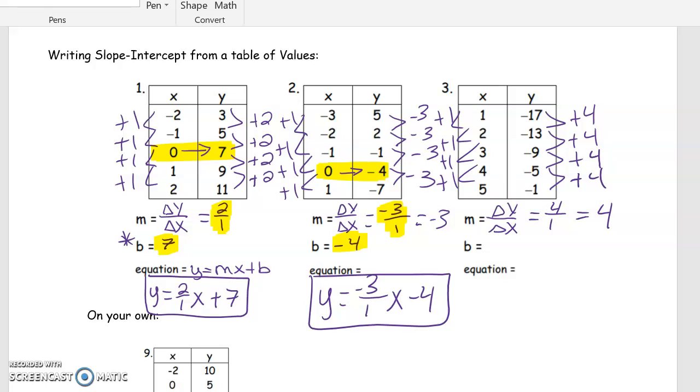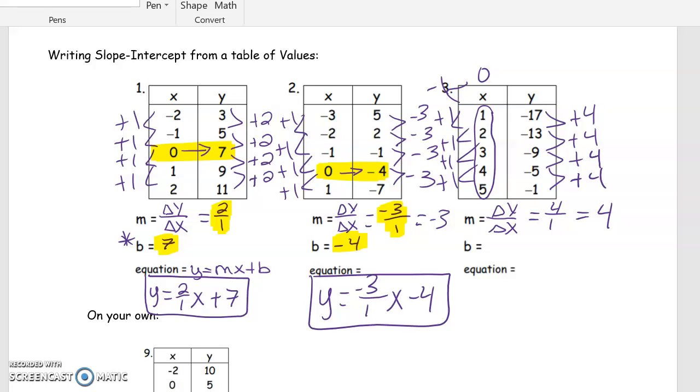But now when I go to look for my b value, notice how there is no 0 here on the x. So I don't have a value where x is equal to 0. But using the pattern, I could find one here. If I wanted to input a 0 up here for x, that would be -1 on my table.